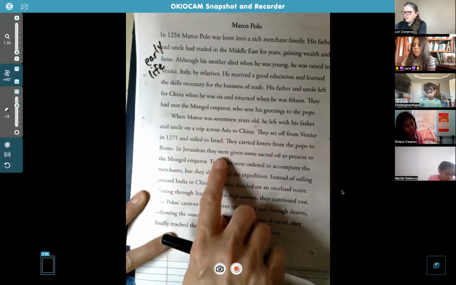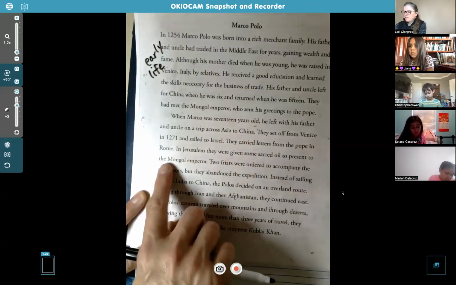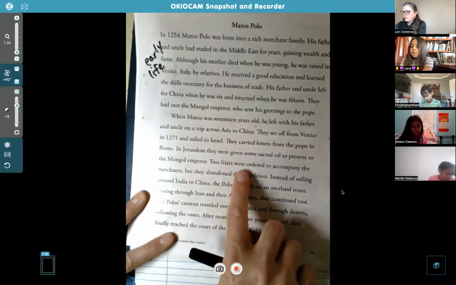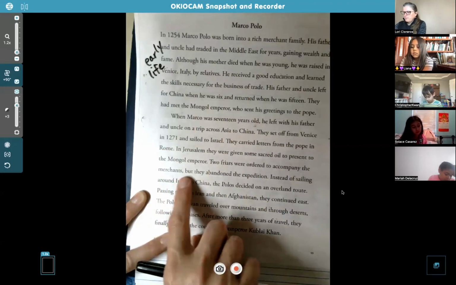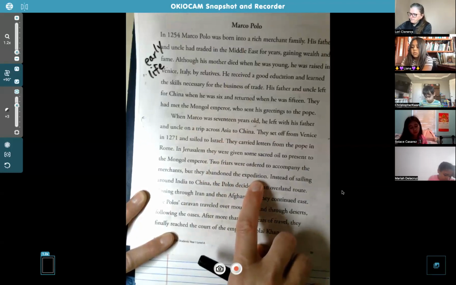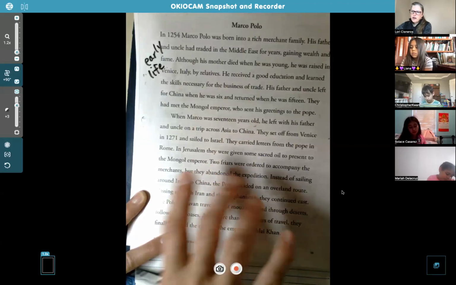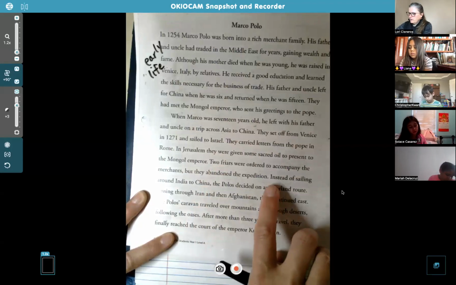In Jerusalem, they were given some sacred oil to present to the Mongol emperor. 2 friars were ordered to accompany the merchants, but they abandoned the expedition, means they left. Friars are people in the Catholic Church too, okay, like the Pope. Not as high up as the Pope, but they were people.